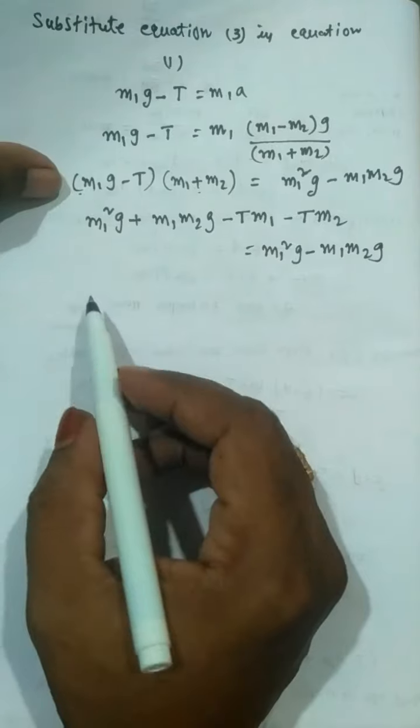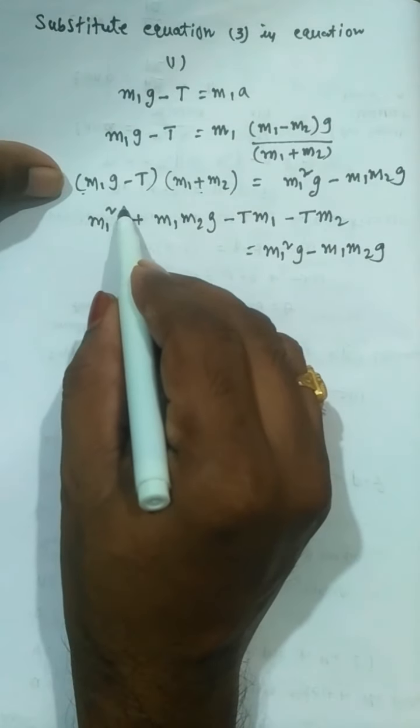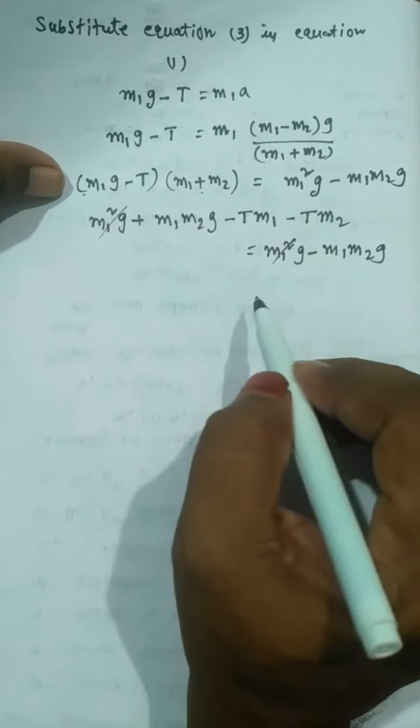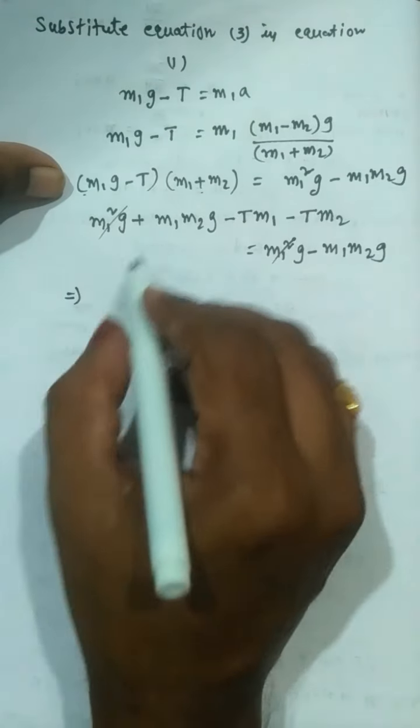Now the left-hand side has m1 square g and the right-hand side has m1 square g, so we cancel both.